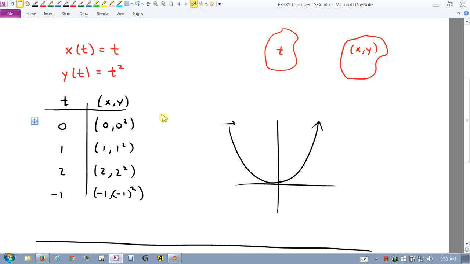Okay, I want to try a different one. Y'all ready? I just want you to graph this one. Use your calculator, right? Now, you could do a t-table also, right?